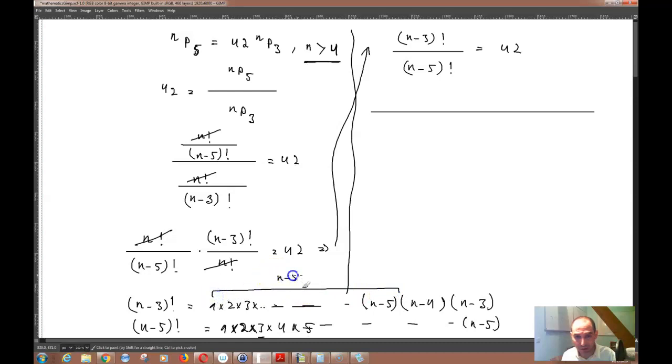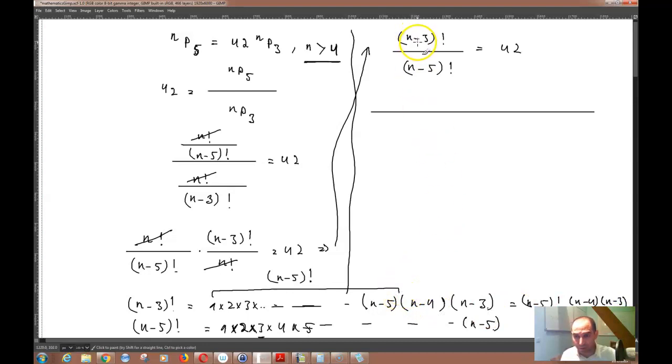I can write it as n minus 5 factorial times the whole thing, and based on that I can write this whole thing as n minus 5 factorial times n minus 4 times n minus 3, right?